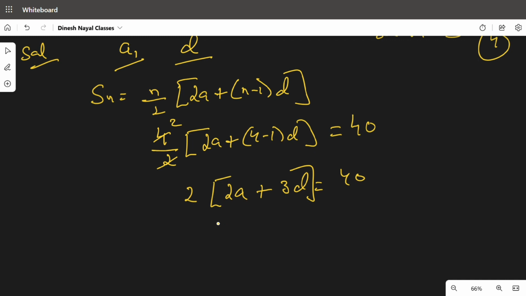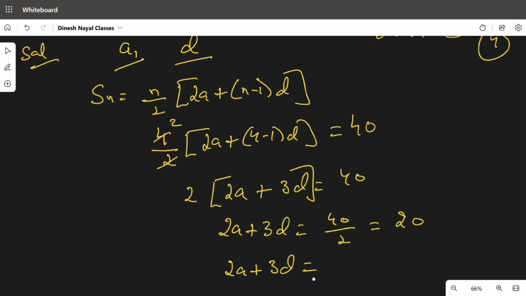Since this 2 is in multiplication, we can take it across, so 2a plus 3d equals 40 by 2, that is 20. Hence 2a plus 3d equals 20. This is our first equation.